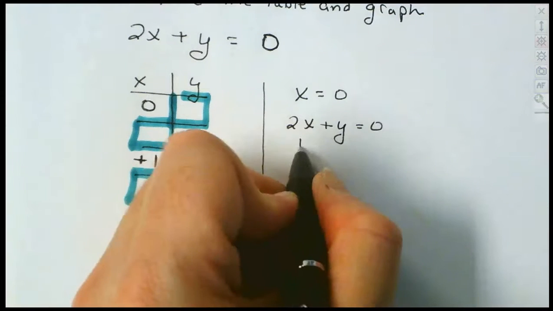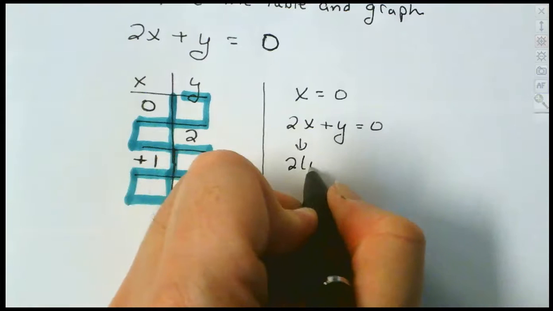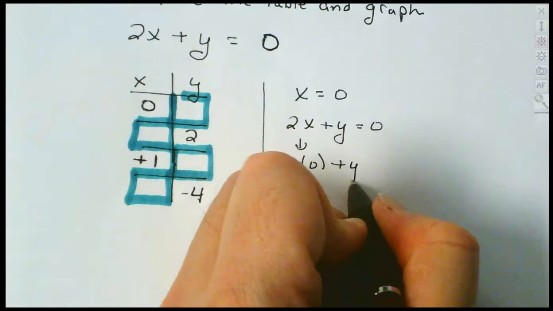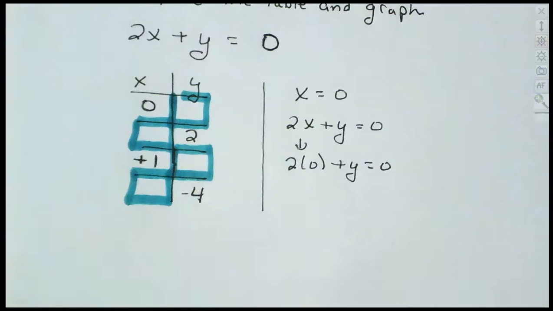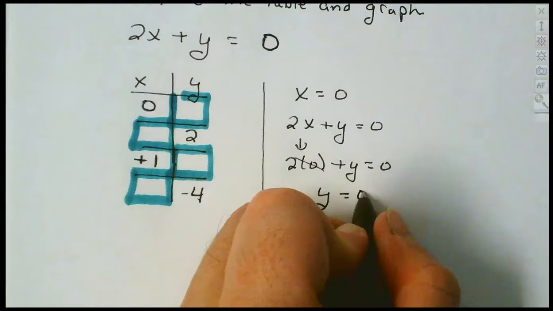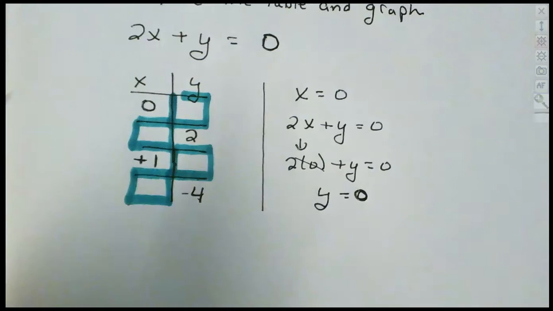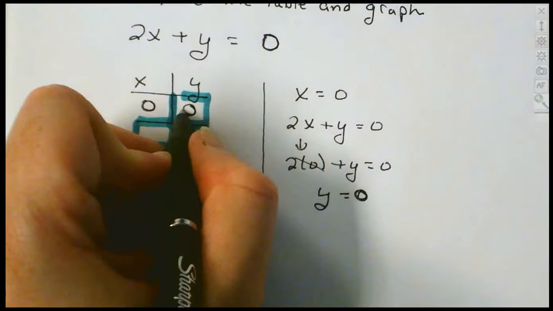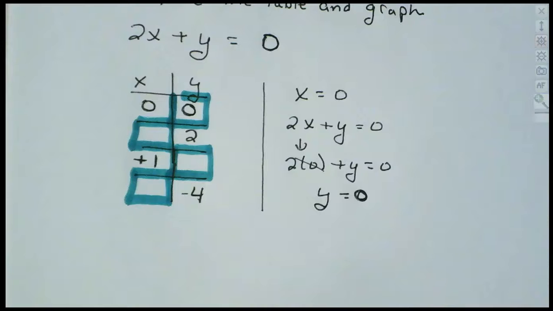I'm going to plug in my 0 for the x. Right. And 2 times 0 is 0. So what am I left with? I'm left with y equals 0. So that takes care of that first missing part. Okay, so we just plug the x in, and we got the y value.